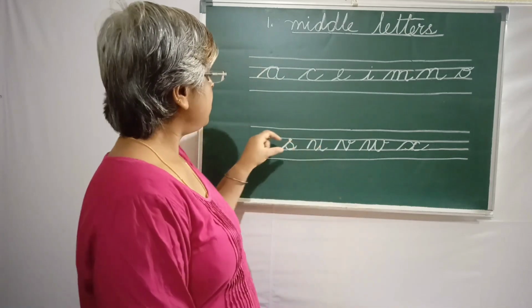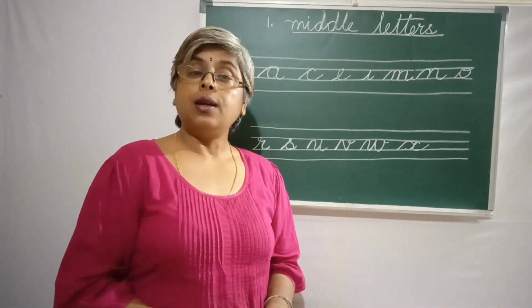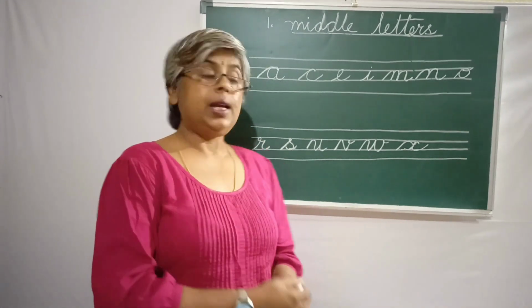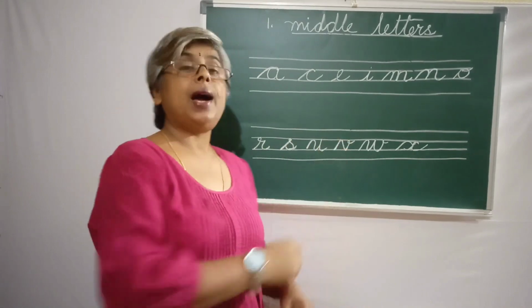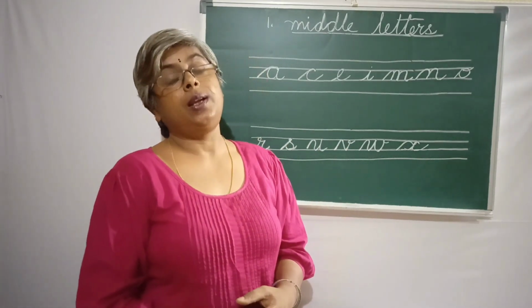Okay, so what happens? Slowly, very slowly, the child learns to move his or her hand in these two lines only, and the eyes are also adjusted there.